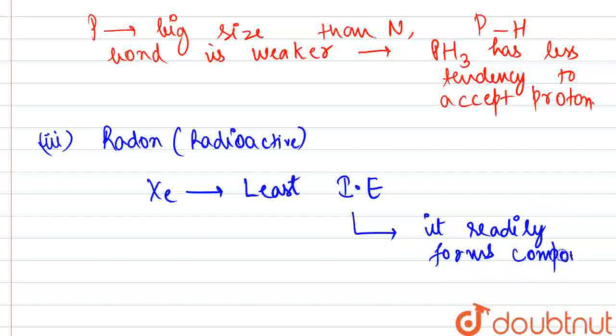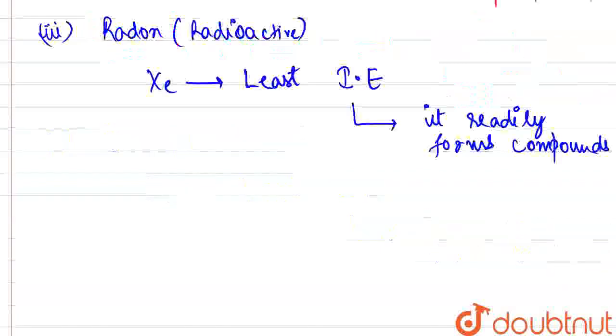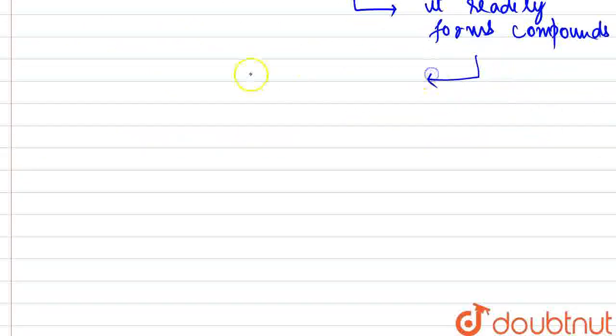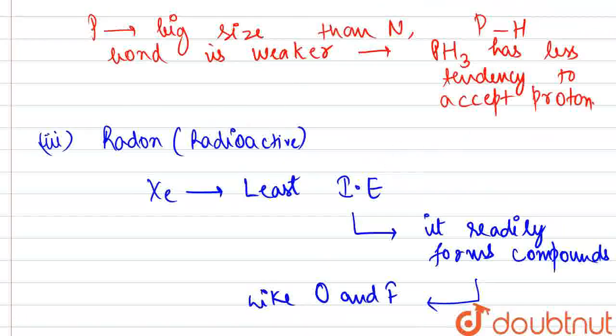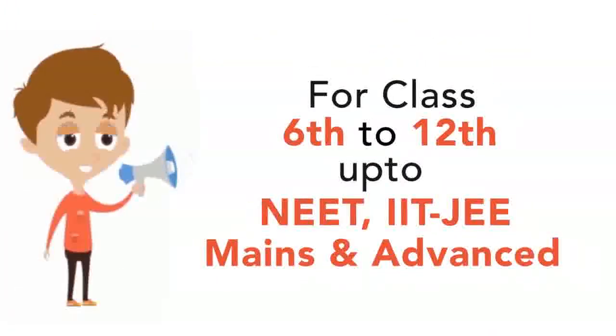And this forms chemical compounds with elements like oxygen and fluorine only. So we have often seen compounds of xenon existing as XeF6, XeO2, XeF4, etc. Okay, thank you.